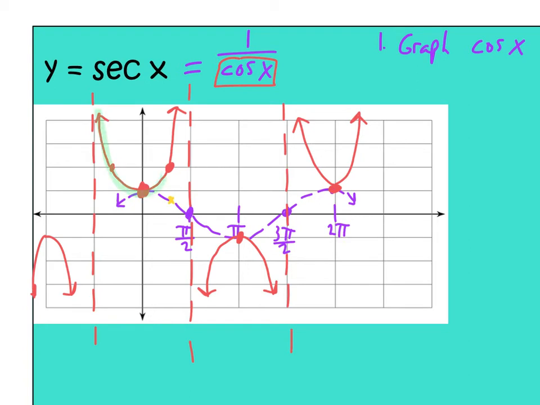It's this guy, this guy, this guy, this guy. So as long as you have cosine graphed, get the asymptotes on there, and then use the key points, the maximums and minimums of the cosine graph, to become the vertices of the parabolas. These are not really parabolas, but they're similar looking. That's how you're going to get the secant graph.